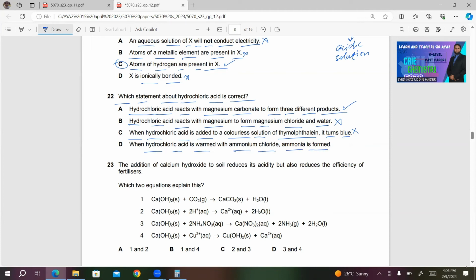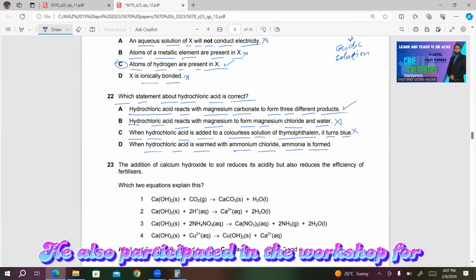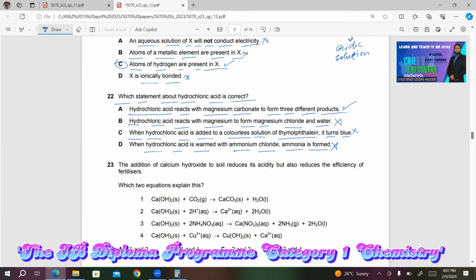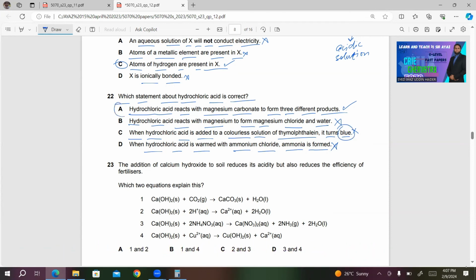This is also incorrect because when you react an ammonium salt, that is ammonium chloride here, with alkalis, you will get ammonia. You won't get ammonia when you're treating ammonium salts with acid. So this is also incorrect. I beg your pardon, I don't remember the color change, but this is for sure that it will not turn blue in case of choice C. So choice A will be the right answer in this case.